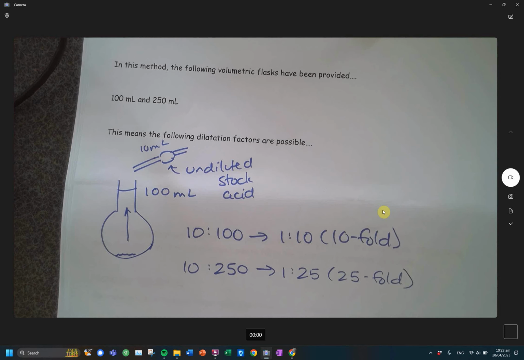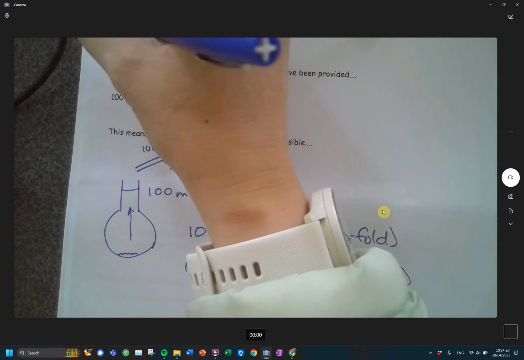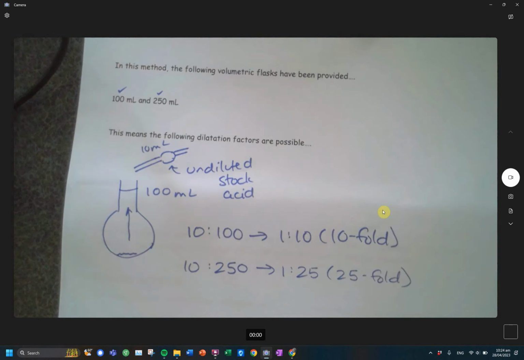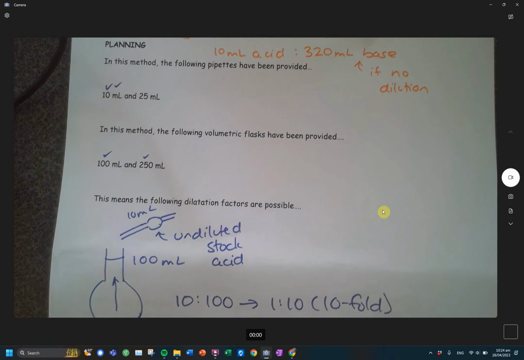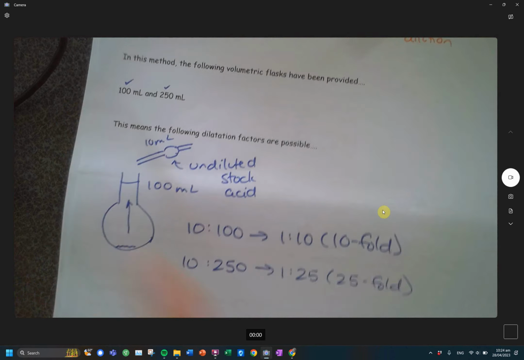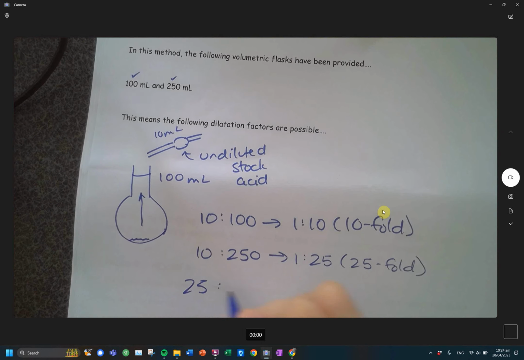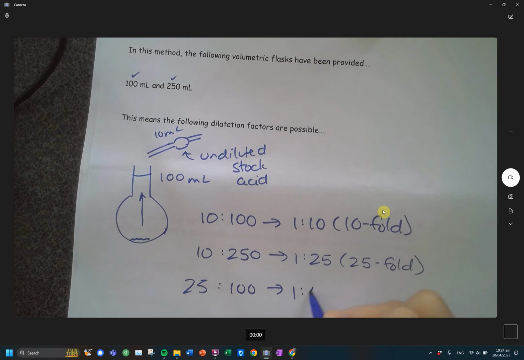All right, other options. So we've done the 10, we've done that. I like to do little ticks just to make sure I get all the right combos. The other option is 25 into 100, which is going to be a 4-fold.